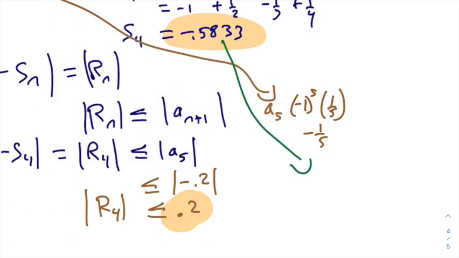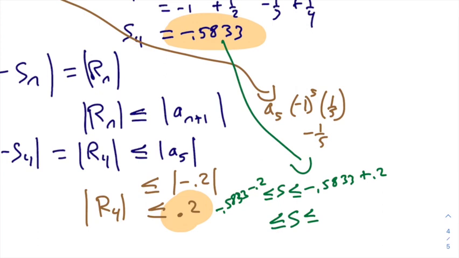So we can take our partial sum, negative 0.5833, and we can add 0.2 to it, and we can take negative 0.5833 and subtract 0.2 from it, and that'll get us a range of all of the possibilities that could be the sum of this series.